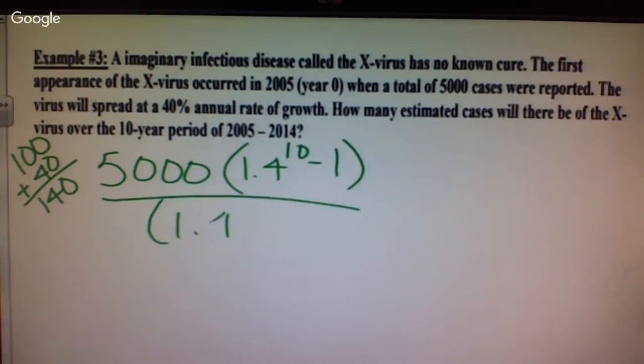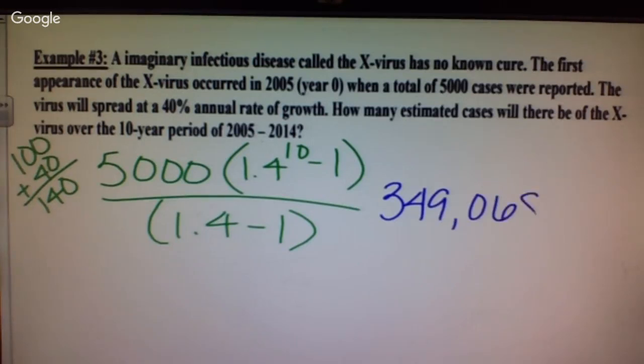All over 1.4 minus 1. Total's going to be 349,068.32. 349,068 cases. That's a lot of people with this virus.